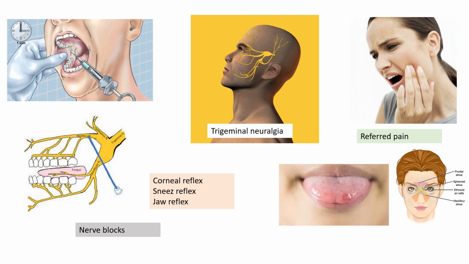Like the mandibular nerve block: we ask the person to open the mouth, feel for the anterior border of the ramus, feel for the pterygomandibular raphe, and in between the two the injection is applied for anesthesia. So that is the mandibular nerve block. So this is all about the trigeminal nerve.